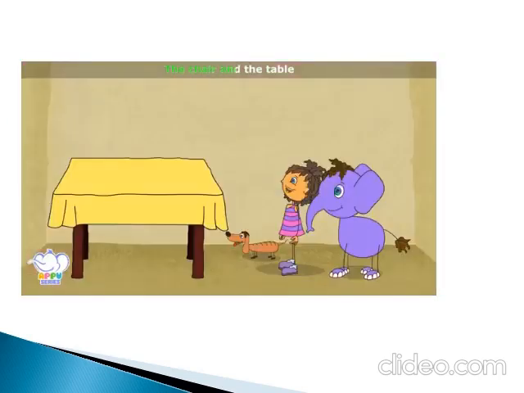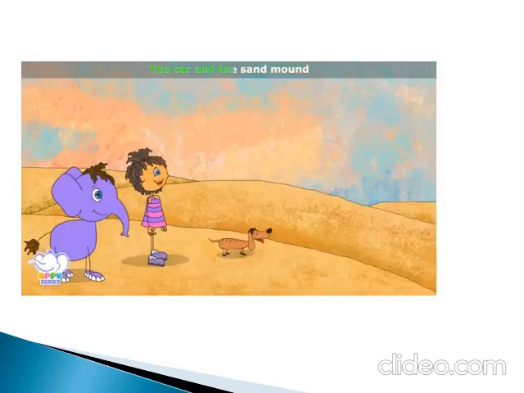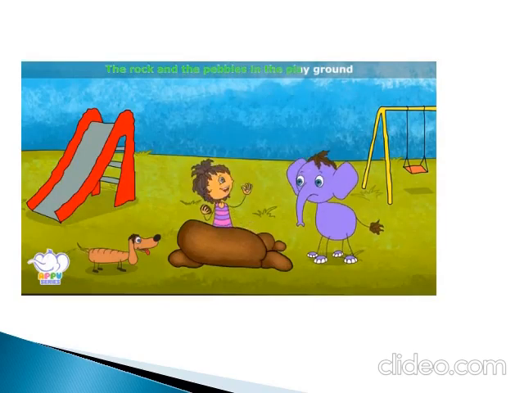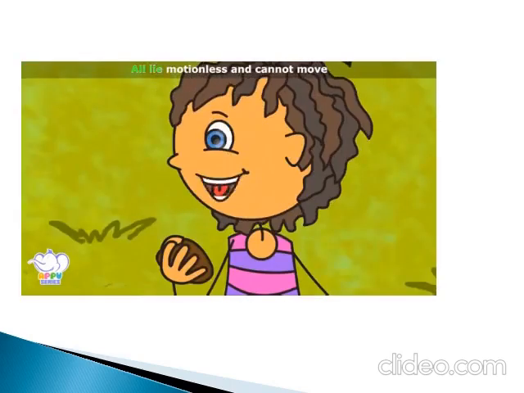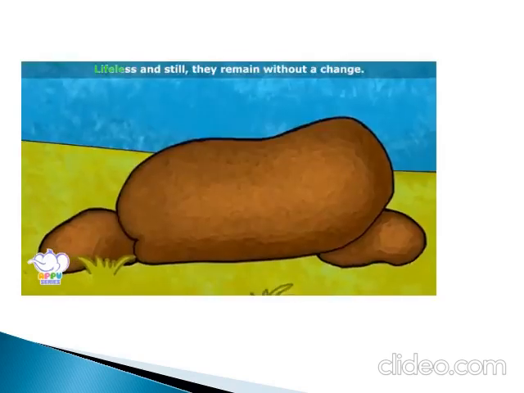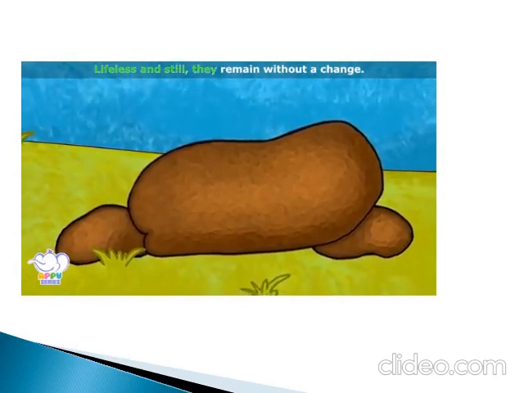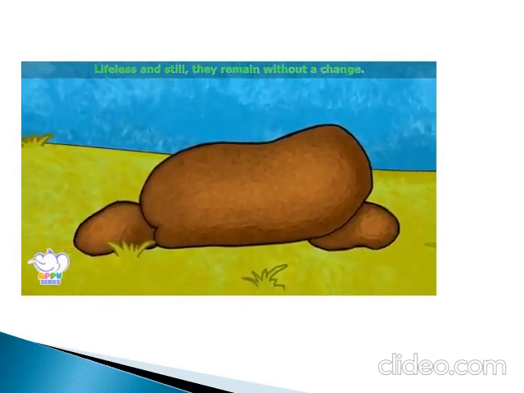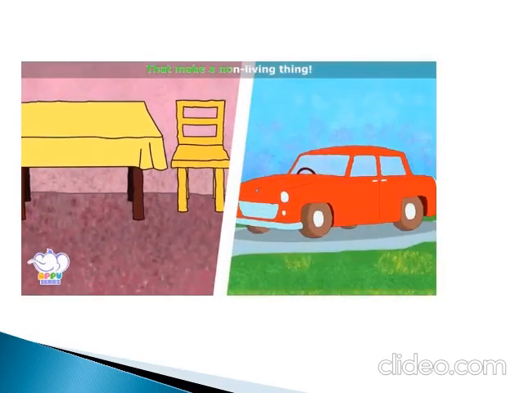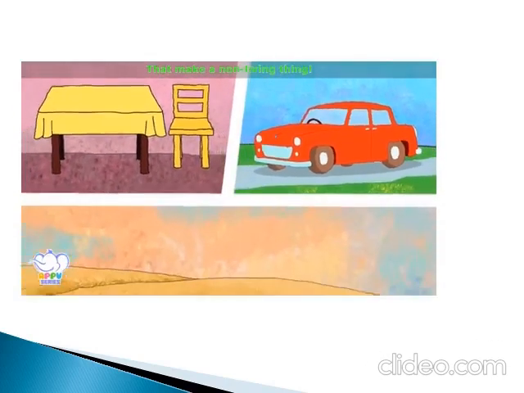The chair and the table, the car and the sand mound, the rock and the pebbles in the playground, all lie motionless and cannot move till someone pushes or gives them a pull. Lifeless and still, they remain without a change. These are some of the things that make a non-living thing.